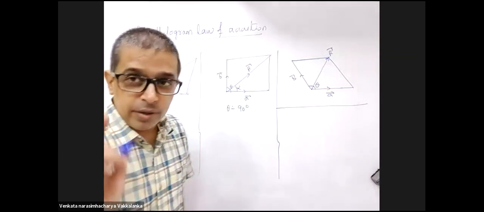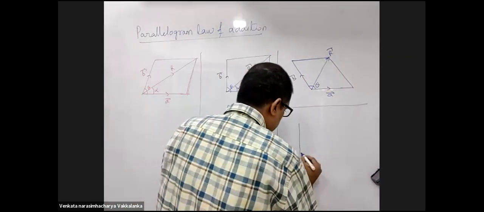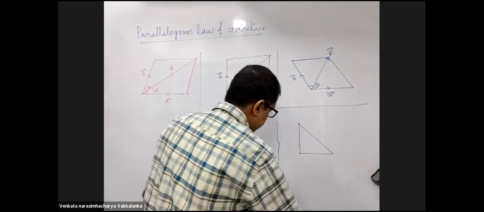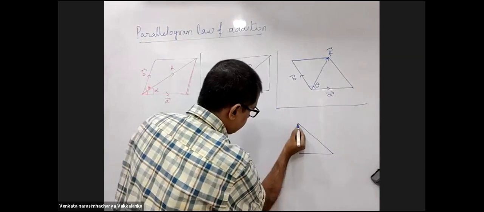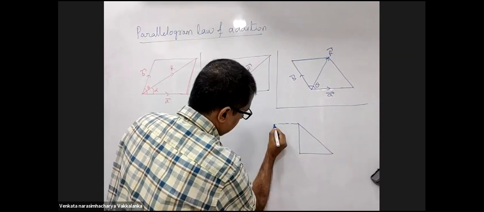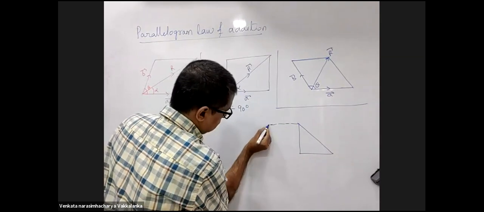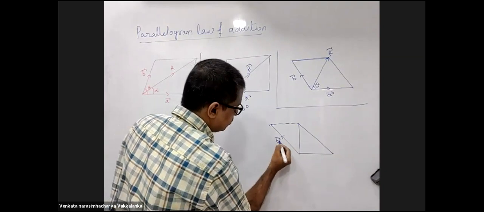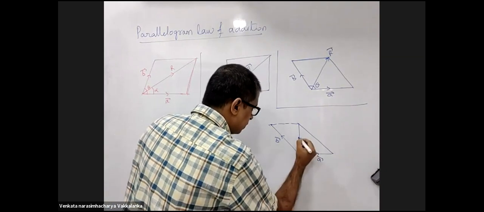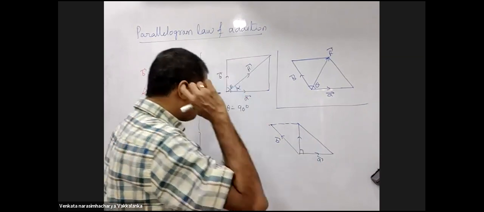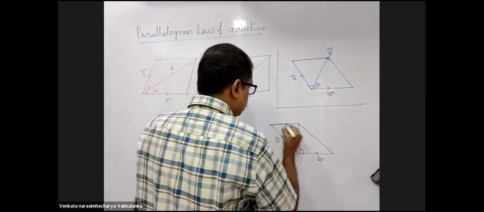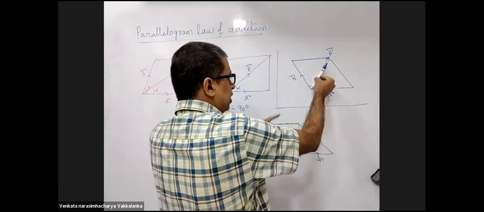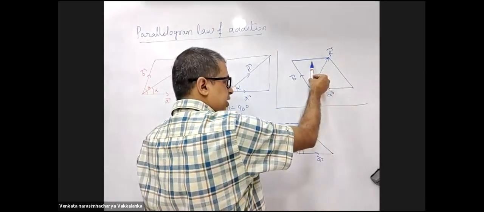In your booklet, you have got a good number of problems this way. Observe this carefully. This is B, this is A. The resultant makes an angle of 90 with the first vector. If B further rotates, the resultant also will rotate.